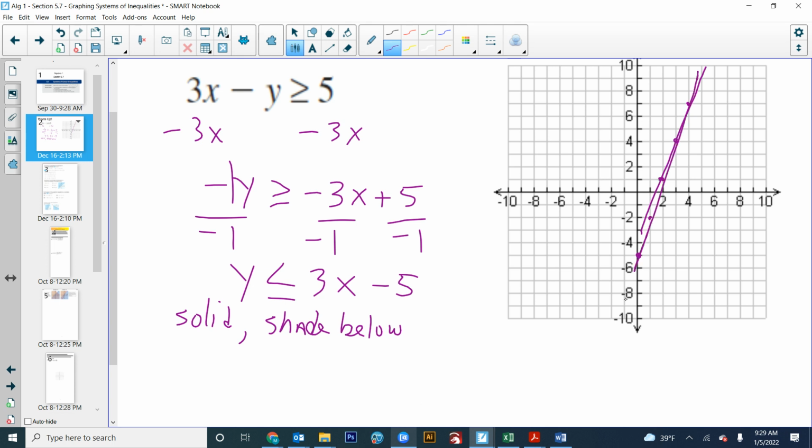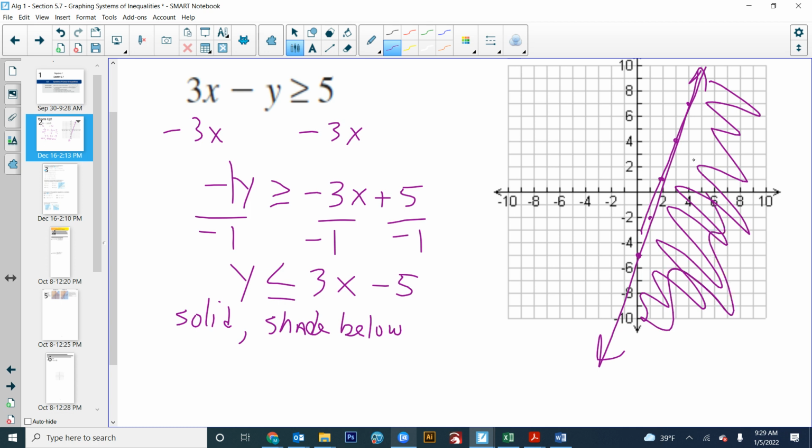Whoops, that's a bad line. I apologize. Shading is so important on this. That's what it's really all about. Now, am I going to go above or below? Below. Again, you don't have to be perfect. Something like that is fine.